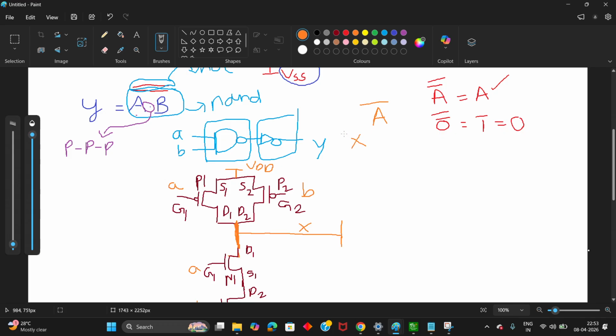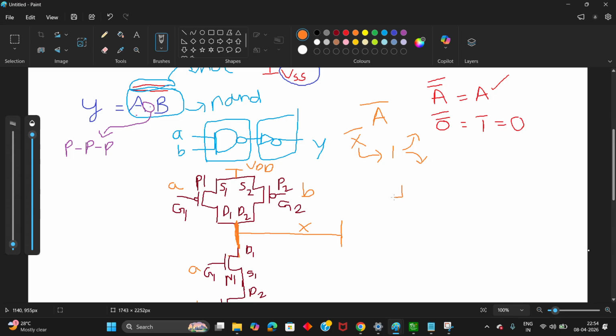Inverter operation is nothing but the X bar operation, right? How many variables do we have? Only one variable. So one PMOS is needed in the pull-up network and one NMOS in the pull-down network. That means a total of two transistors: one is PMOS and one is NMOS, one in the pull-up network and one in the pull-down network.